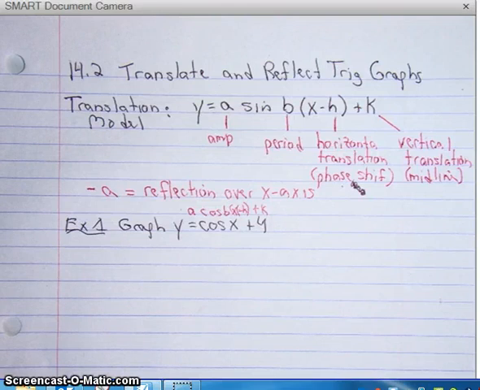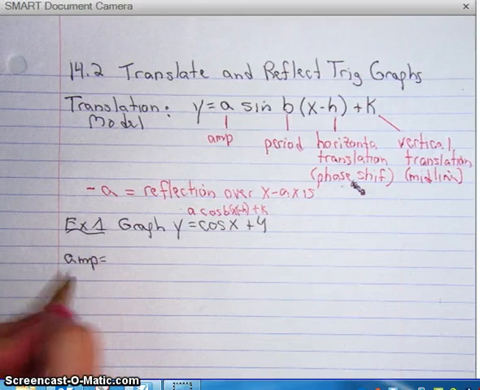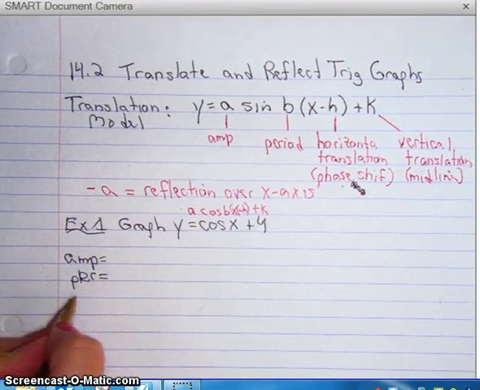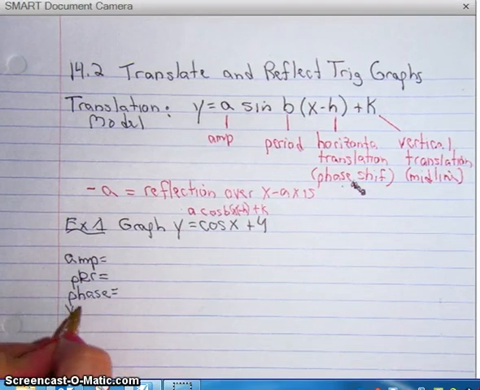Okay? All right, down the side: amplitude, period, phase, vertical.